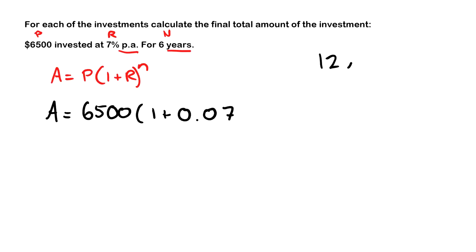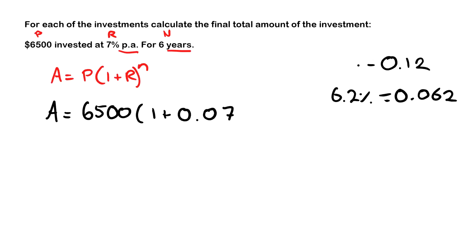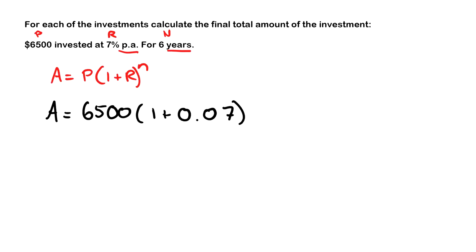If I had 12%, that's bigger than 10, so it's 0.12. If I had 6.2%, it's less than 10, so it's going to be 0.062. That's an easy trick to remember how to do your conversions to decimals, because we need to use decimals in this. And it's to the power of 6.